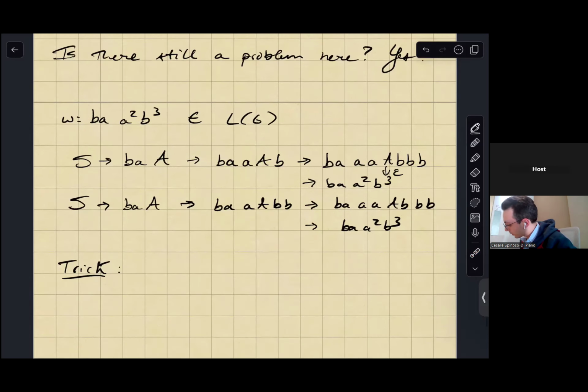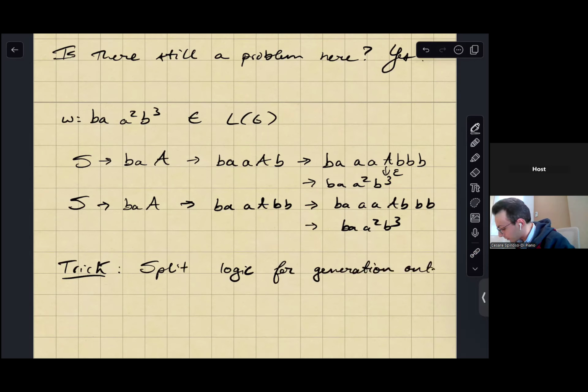Again, a bit too much rambling. I should have just written this. Really what I wanted to say is we'll just split the logic for generation onto multiple levels. And by multiple levels, I just mean multiple different variables.